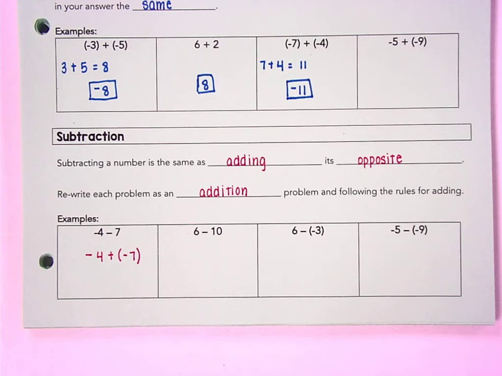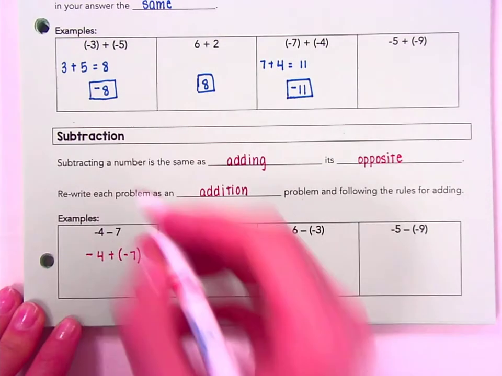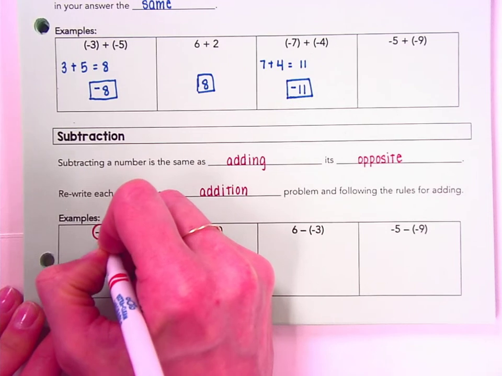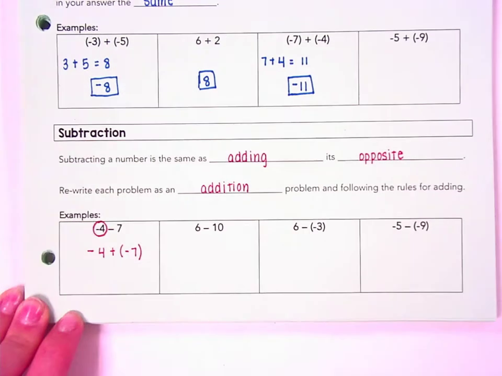The second way that we can think about this is what numbers are we combining. Subtracting and addition are really things that go hand in hand, and adding really means combining. We're really doing the same thing with subtraction. So to think about what we're combining, I can circle the terms, or the numbers, that we're dealing with. The first number I see in this problem is -4, so I'm going to circle -4.